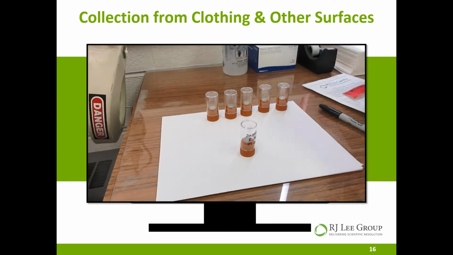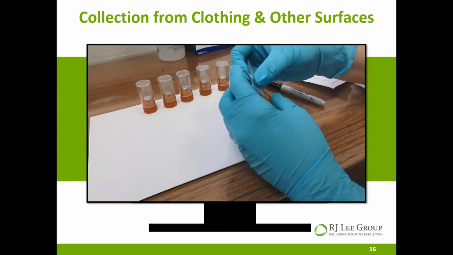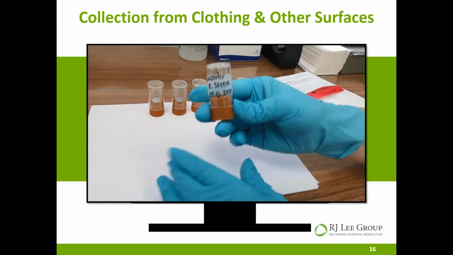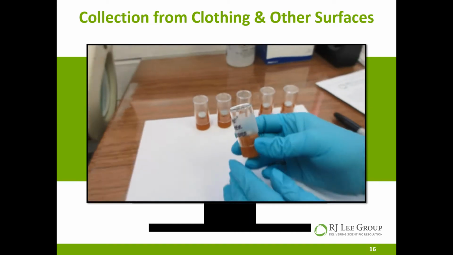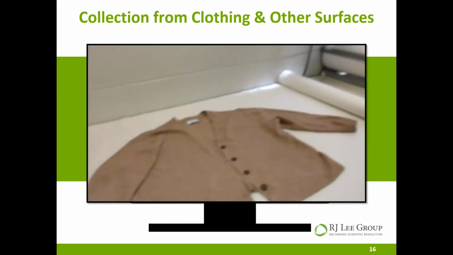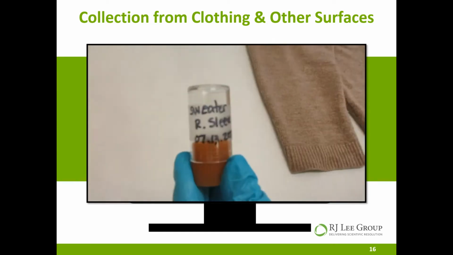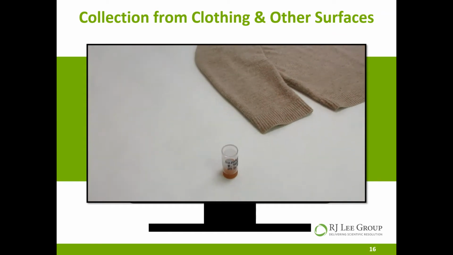What I'm doing now is grabbing a piece of Scotch tape to put over top of the writing. This just helps to protect the writing to make sure that it doesn't come off. I have my garment laying out on the table, and I'm going to be collecting from the right sleeve of the garment.